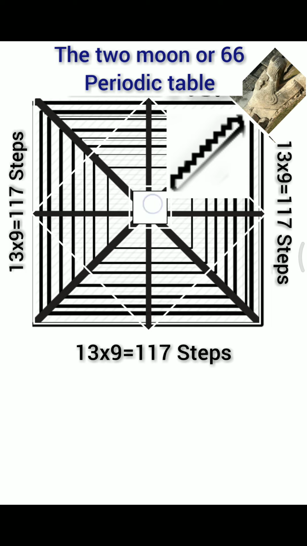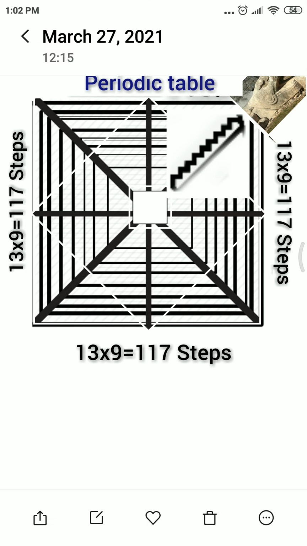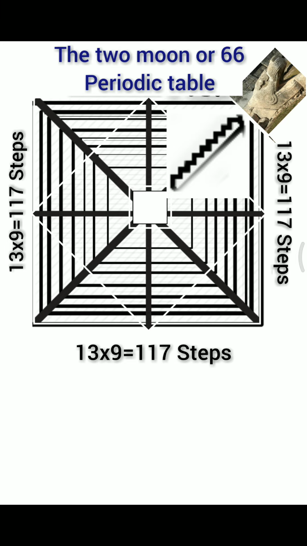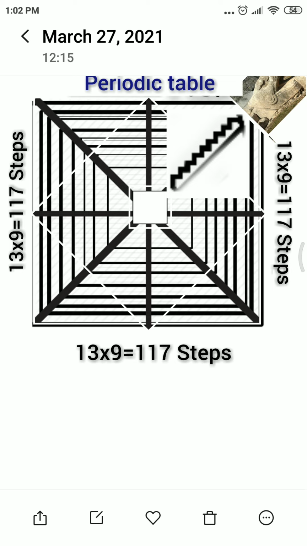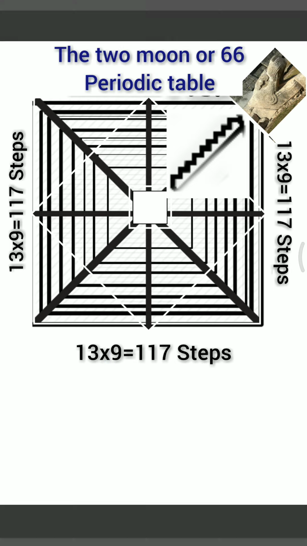If you take the topmost vertex of the pyramid as hydrogen, 1, and take 13 into 9, 13 into 9 is 117.